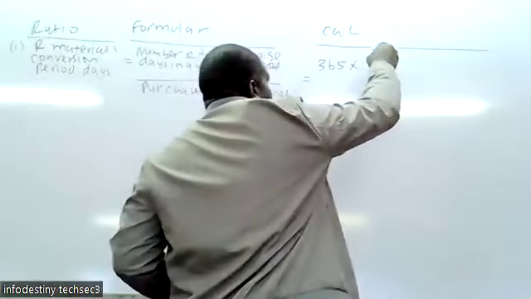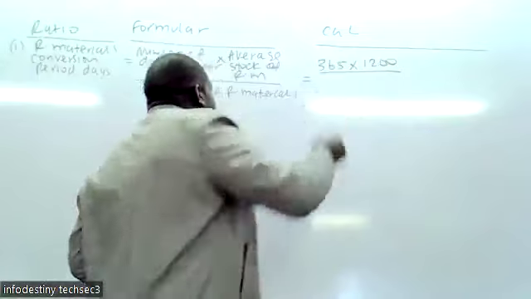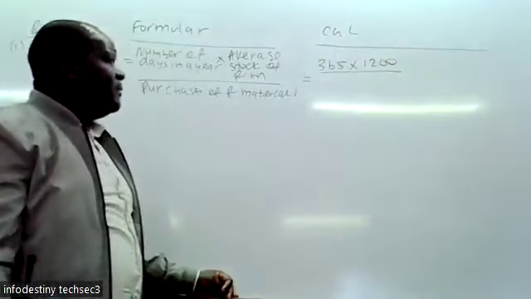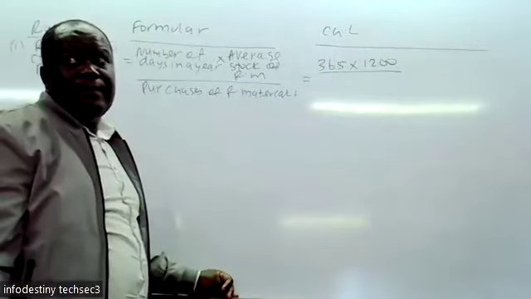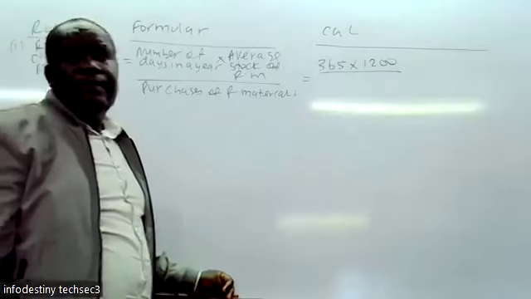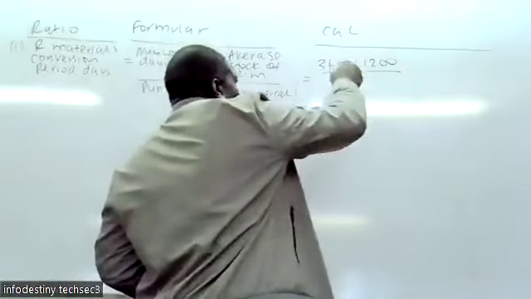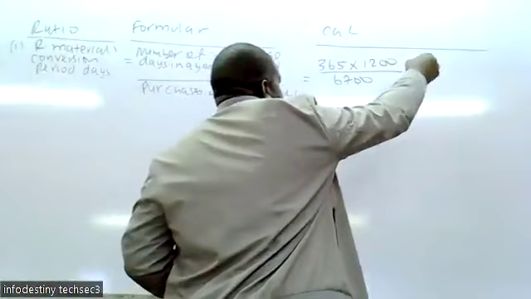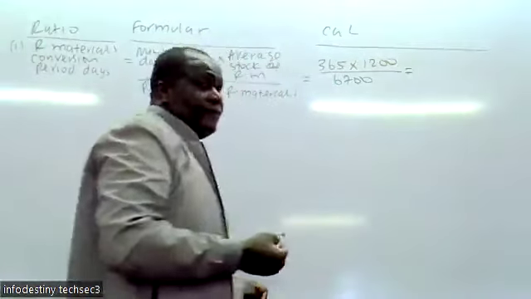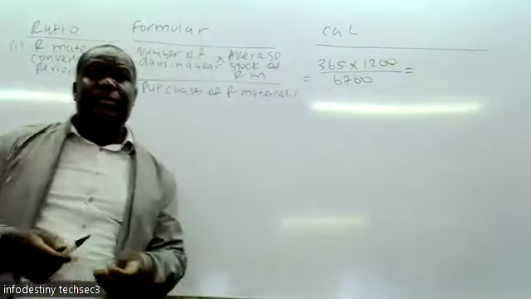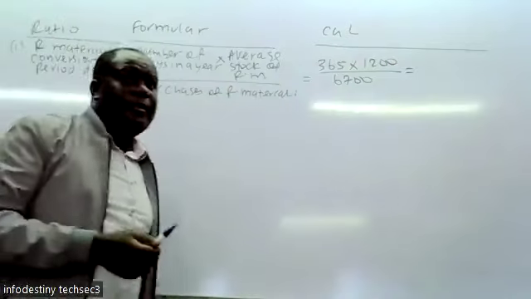So we divide by purchases of the raw materials. So you round it off into 2 decimal places.